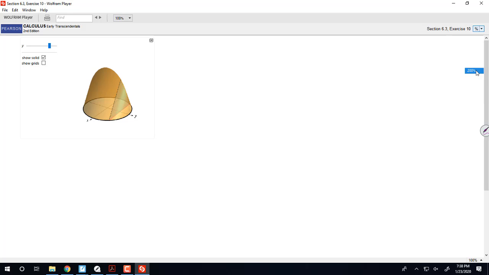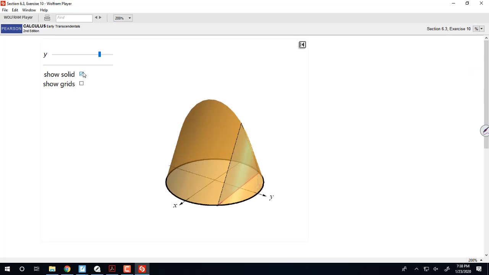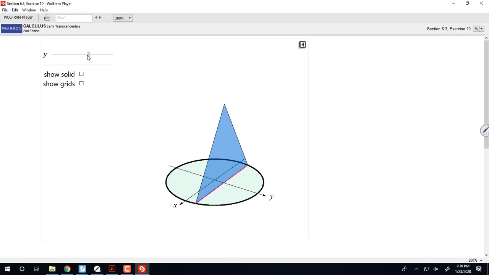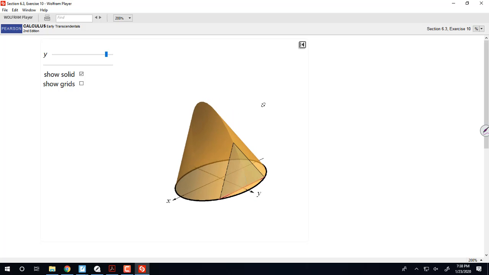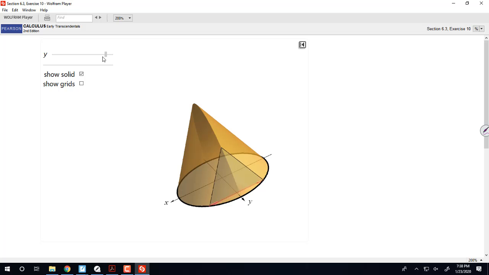So we've got this circular base with this cross-sectional equilateral triangle. Depending on where we are, we've got to imagine filling that entire region up with all of these equilateral triangles. And when we do that, we generate this figure here. So we're finding the volume of this thing right here.